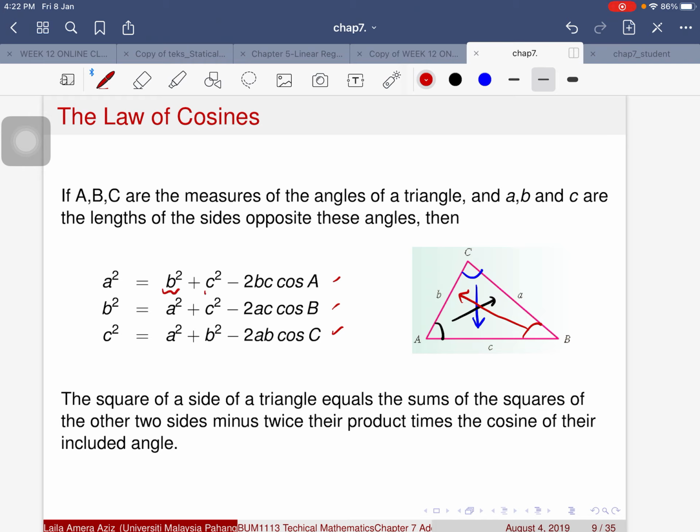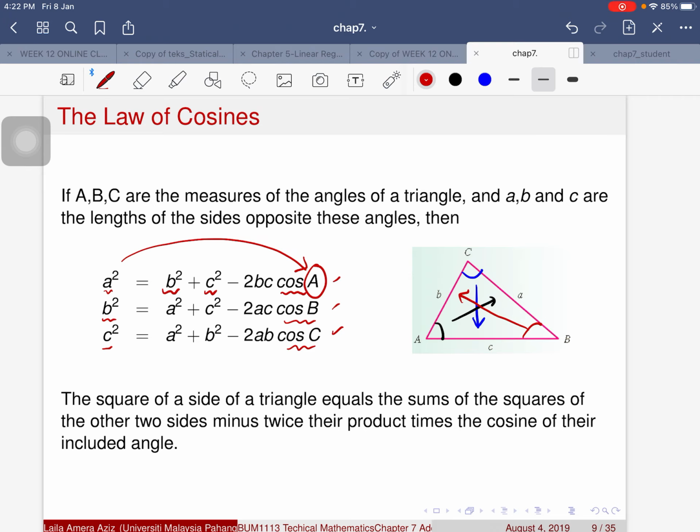First you need at least two of the sides, and you also need the angle that is opposite to the value that you want to find. If you want to find a, you need the angle capital A. If you want to find b, you need the information about capital B. And if you want to find c, you need the angle capital C.